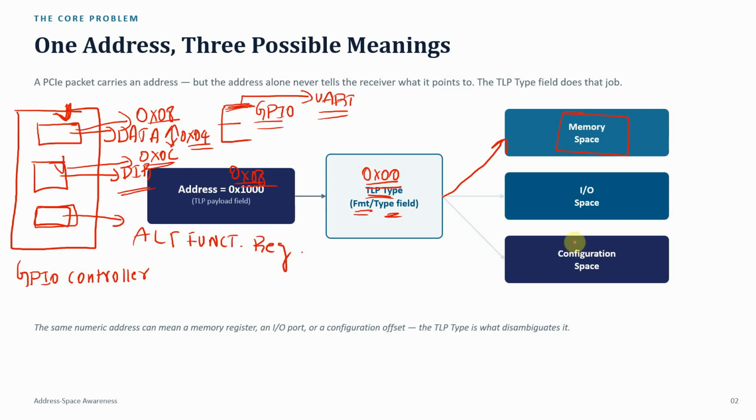Let's say we are going to have some space which is known as configuration space. What do I mean by configuration space? In our previous sessions we have discussed that every PCIe compliant device is going to have its own space, which contains different kinds of fields like vendor ID, device ID, and different attributes. Different kinds of information it is going to have.